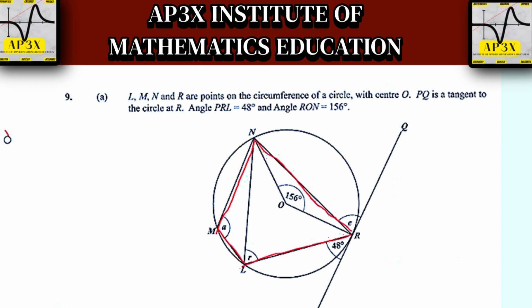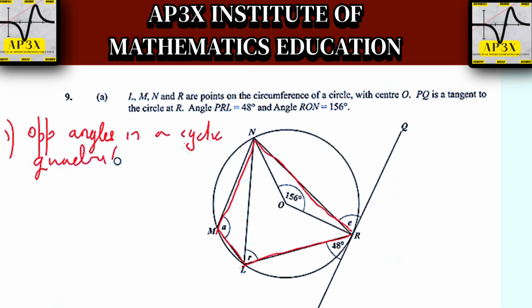So already I know for certain that opposite angles in a cyclic quadrilateral are supplementary. I know that for sure.